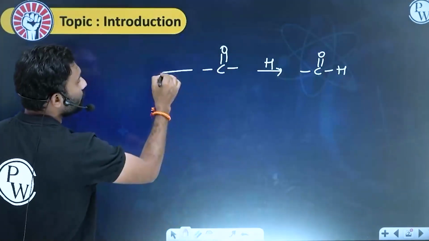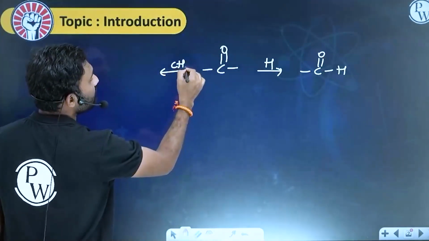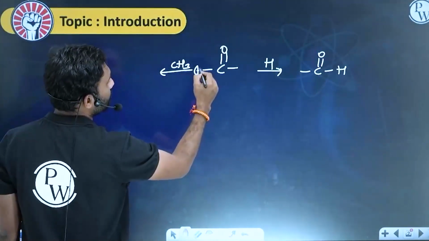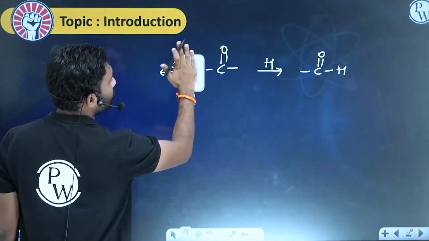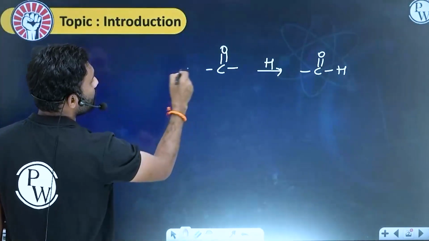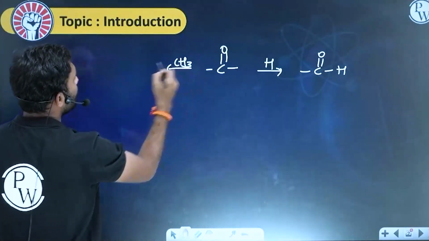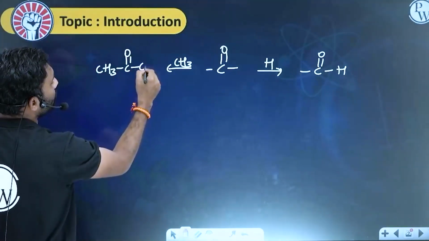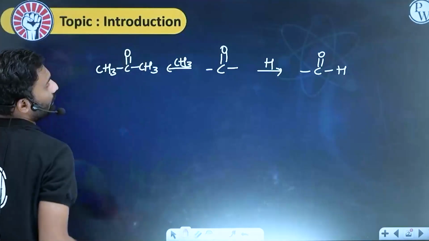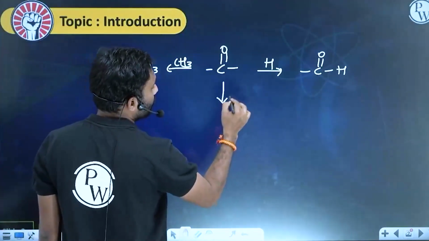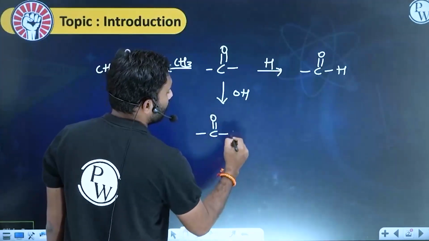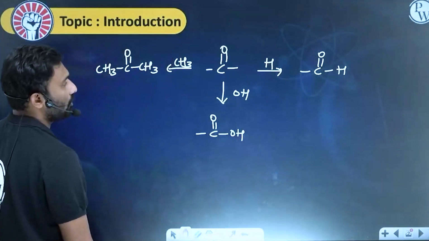Now if CH3 is attached on both sides, then it will become the ketone. Now if OH is attached, then it will become the carboxylic acid.